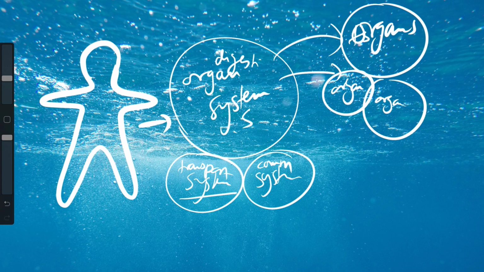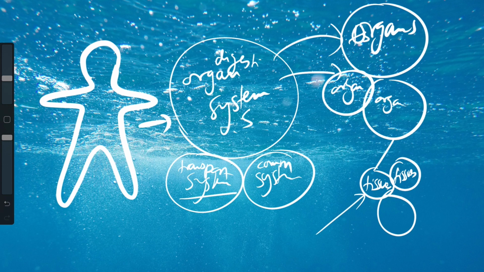organ system. Similarly, each of these organs, in order for them to carry out their function, each organ is made up perhaps of a collection of tissues. Now each of these tissues is highly specialized, formed from similar cells doing similar things. Okay, so you have these tissues, and each of these tissues is formed from cells.